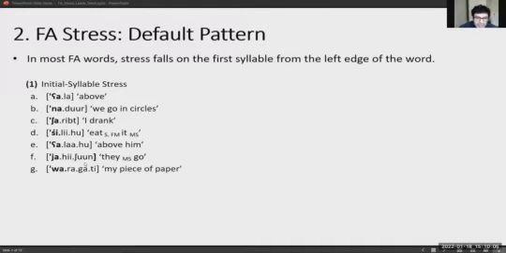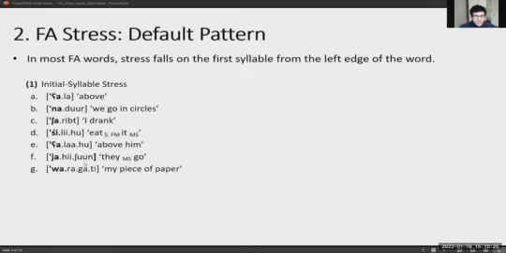Regarding word stress in the dialect, unlike many Arabic dialects that I'm familiar with, in most Faifi Arabic words, stress falls on the first syllable from the left edge of the word, in many cases irrespective of the weight of the initial syllable or any following syllable, as shown in the representative sample in 1.